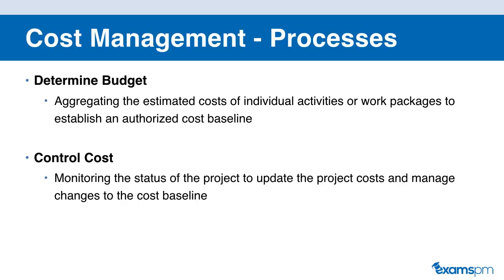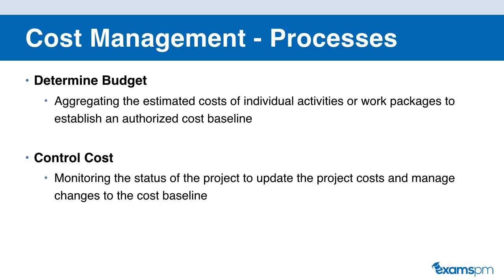The last process in cost management is to control cost. Like other control processes, this is where you are comparing how much you have actually spent on project activities during execution versus how much you planned to spend on these project activities, and seeing if there's a deviation between the two.